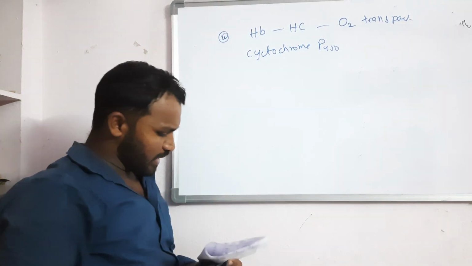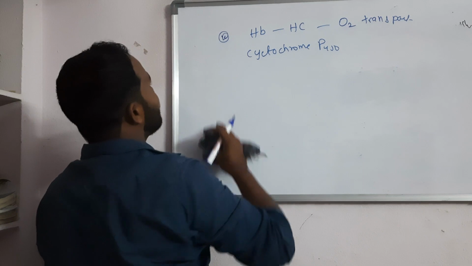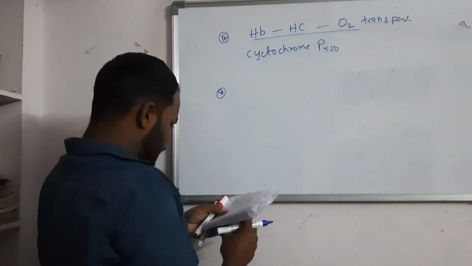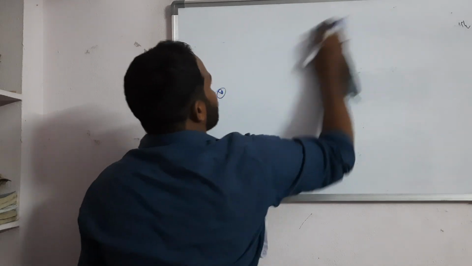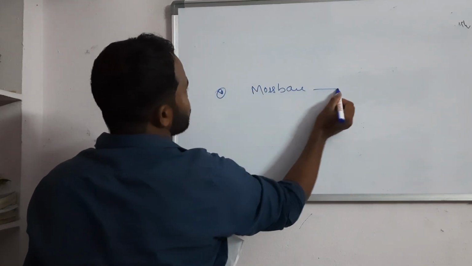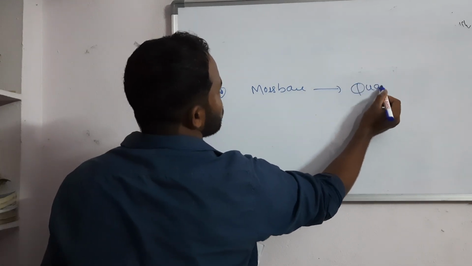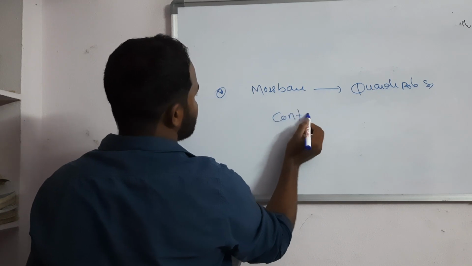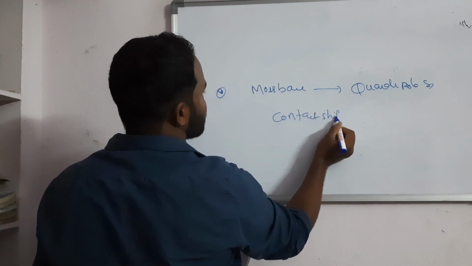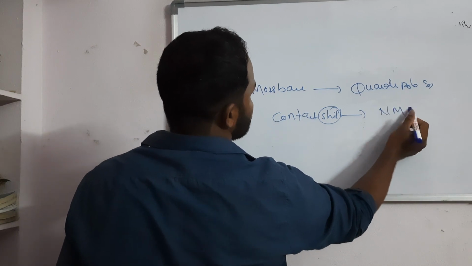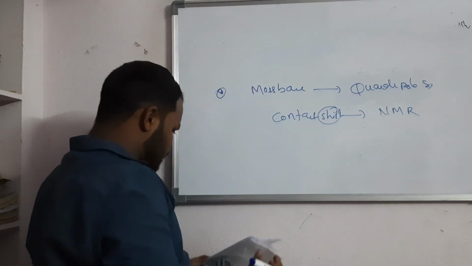I don't remember the exact options, but if you match this way you will get the answer. Next, Mossbauer represents what? NMR, quadrupole splitting, and contact shift they given. If it is NMR, it contains shifts, so we can give NMR signals. This is one of the match the following questions.